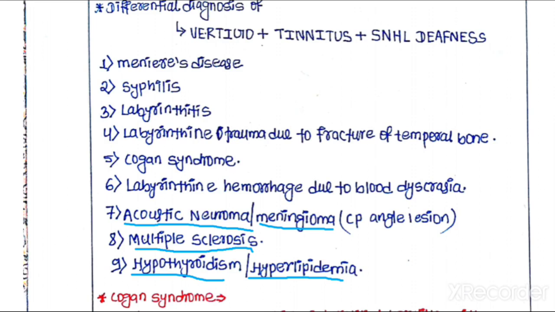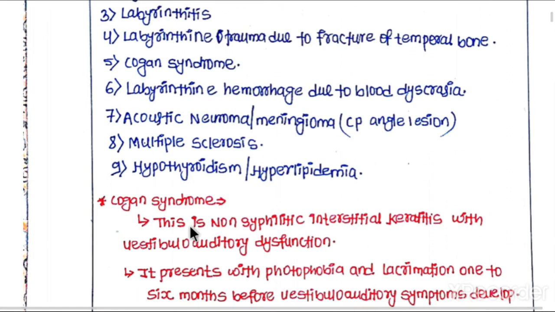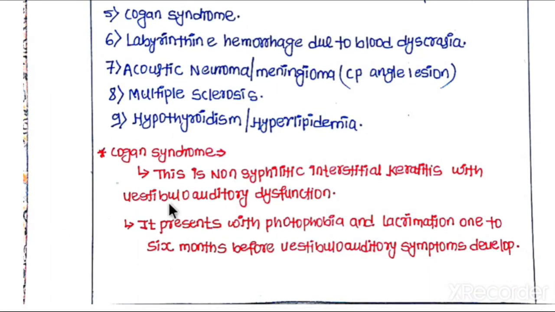Now we will discuss Cogan syndrome. This is a non-syphilitic interstitial keratitis. Generally, in the initial stage of Cogan syndrome there is involvement of the cornea, that is interstitial keratitis, with vestibulo-auditory dysfunction occurring later on.